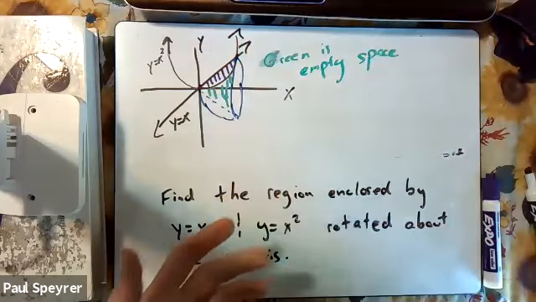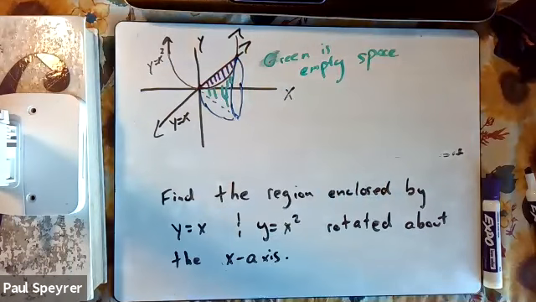Now, how do we find out what this volume is? Well, remember from a few sections ago, we were talking about how to find the area between two curves. You subtract the upper curve minus the lower curve. Same concept right here, except that now we're dealing with volume.